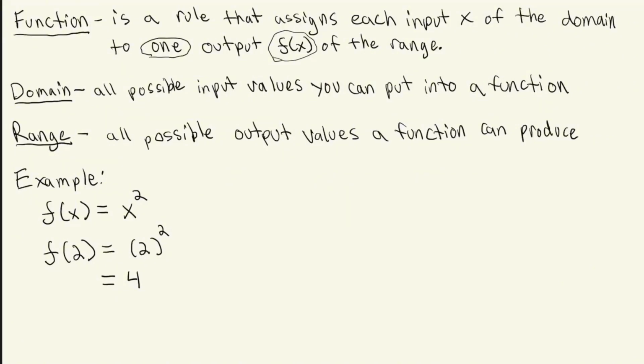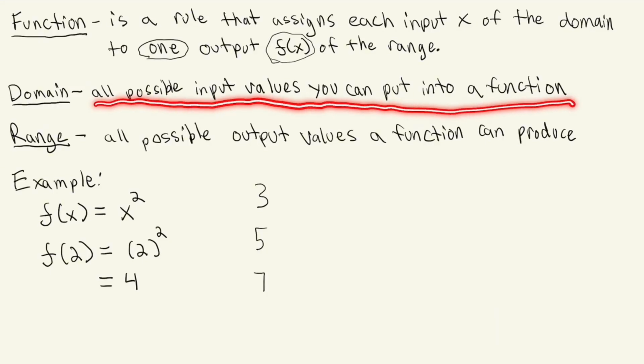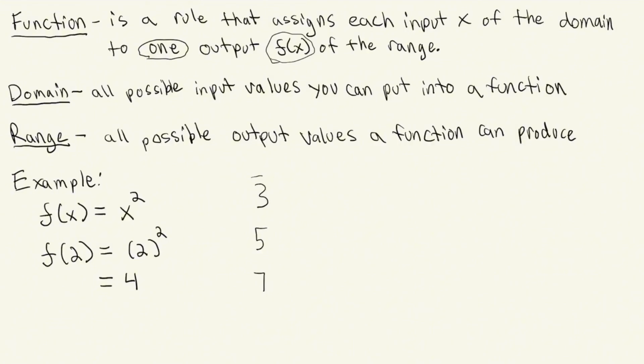Now let's visually look at this. We'll say you can put the numbers 3, 5, and 7 into the function. And let's say that's all the possible values you can put into the function, which is, again, the definition of domain, all possible input values you can put into a function. So this is the domain here.